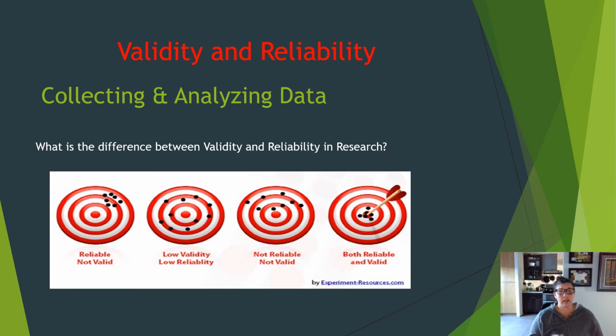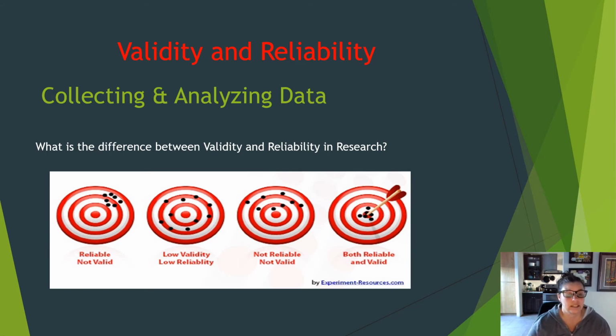You could also then hand that definition, conceptualization, over to someone else, and then they can use that same conceptualization to reliably measure that same concept. So you are both valid and reliable. You have validity because you know what you're measuring, and you are measuring what you actually intend on measuring.